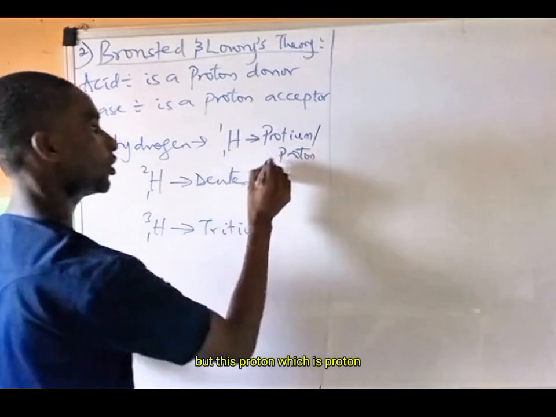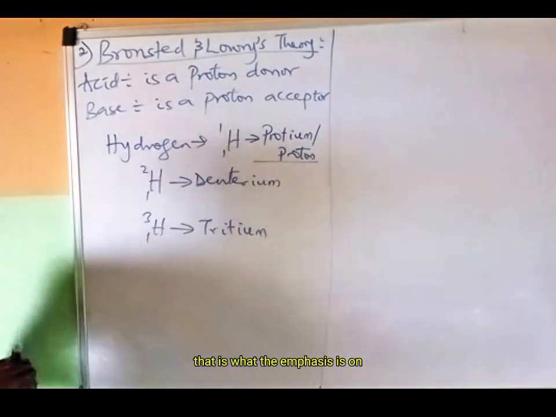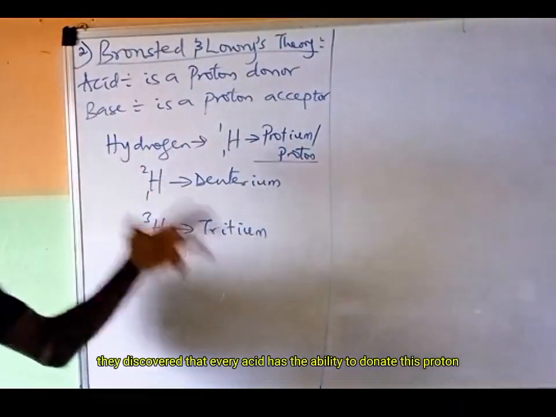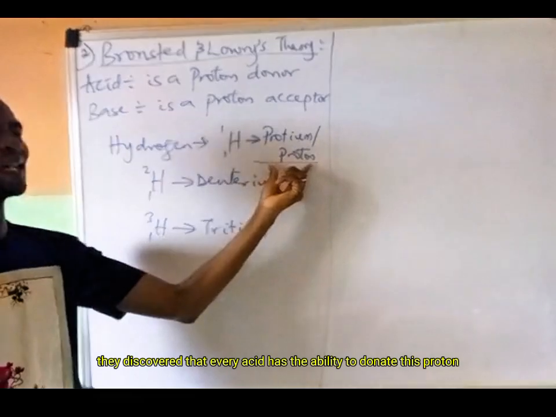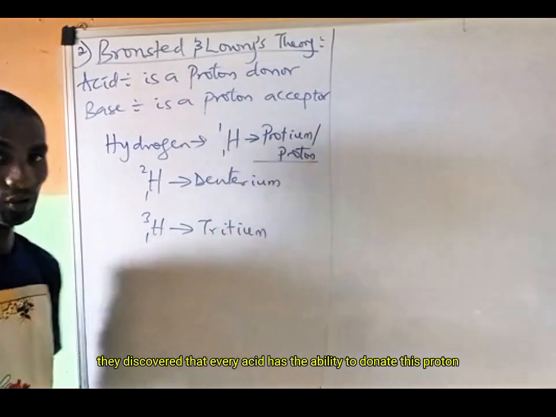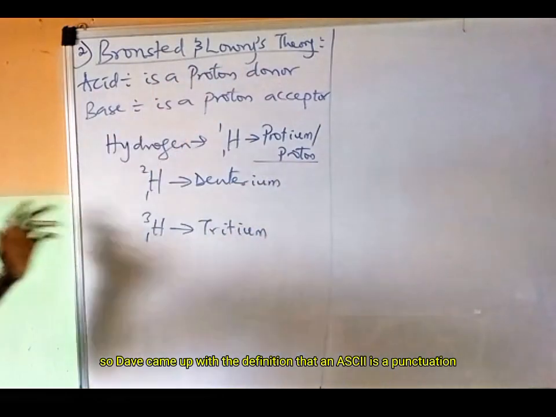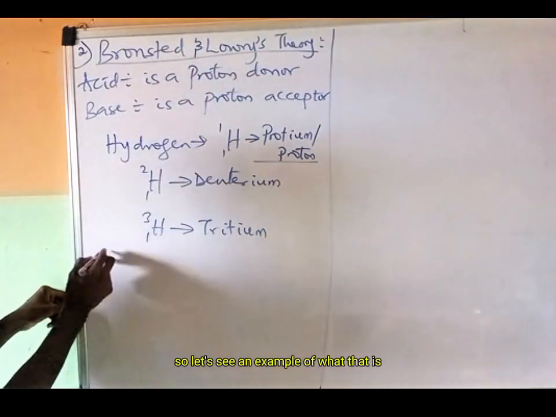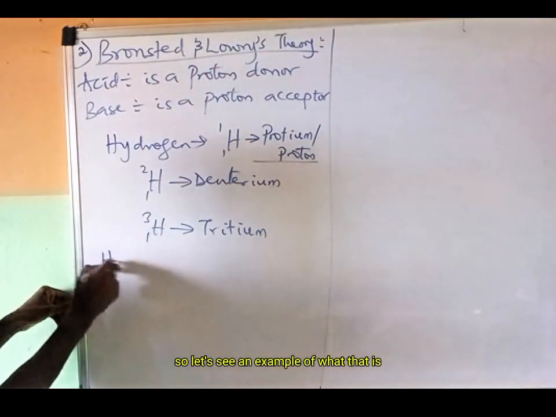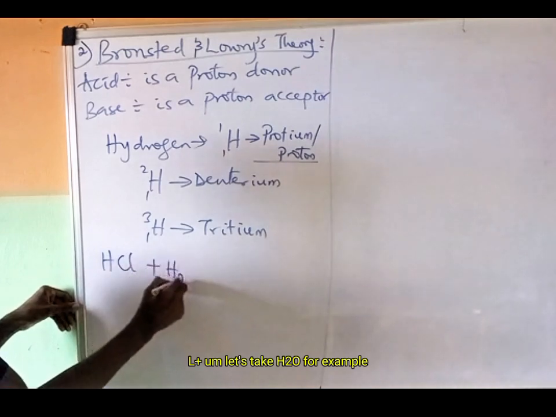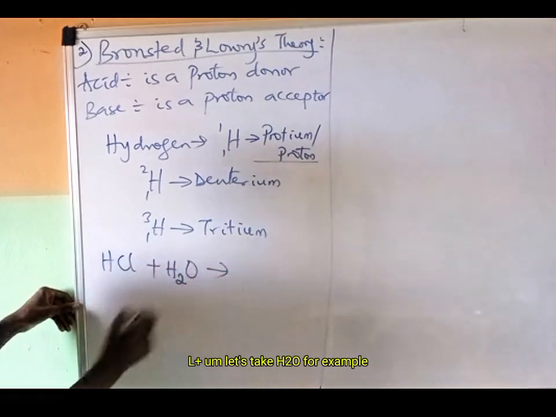But this protium, which is proton, that is what the emphasis is on. When these guys carried out their research, they discovered that every acid has the ability to donate this proton. So they came up with the definition that an acid is a proton donor. So let's see an example. If you look at HCl plus, let's take H2O for example.